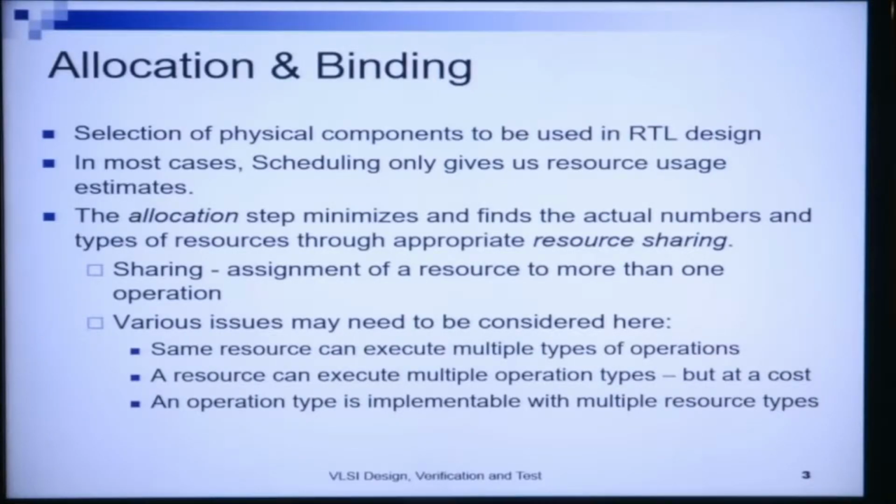Now here the same resource can execute multiple types of operations, but it comes with a cost. For example, let us say that we can combine a multiplication and an addition. However, the combination of addition and multiplication comes with a cost, because it requires a more complicated functional unit.